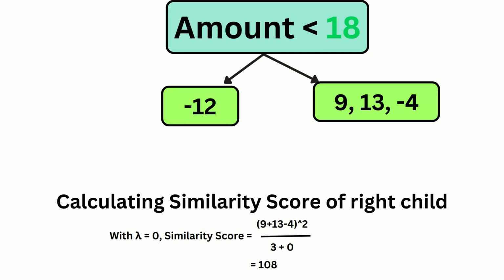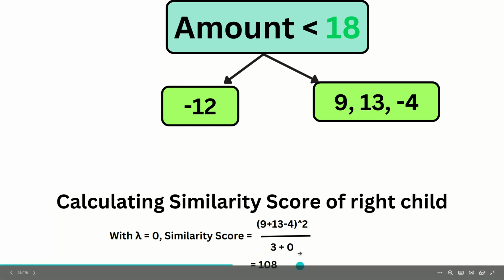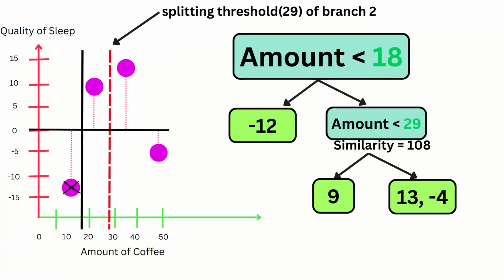Let's consider a second branch. This branch is a root, and we calculate its similarity score. We got a similarity score of 108. Next we need to split branch 2. So let's take 29 as the threshold value.